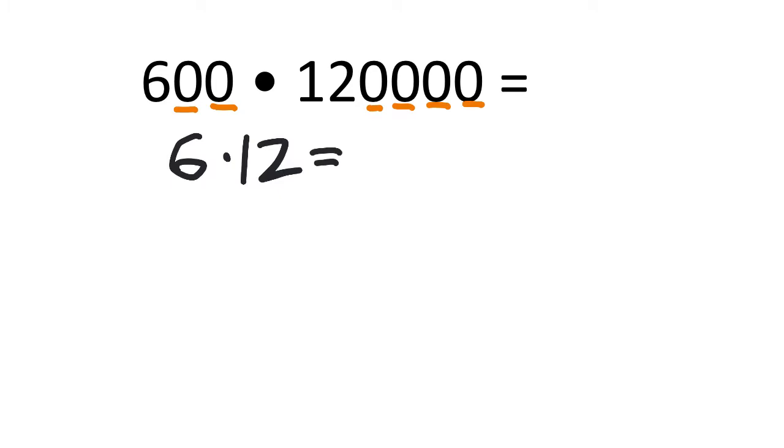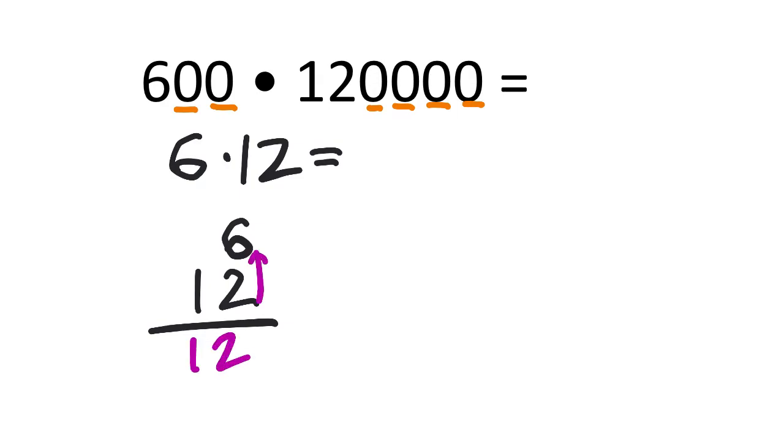So 6 times 12, you may need to stack this if you'd like. You're welcome to do that if you need to. I do 6 times the 2 here in the ones place value. That would be 12. And then I do 1 times 6, but that's really 10 times 6, which would then be 60. And then you can add those to get 72.